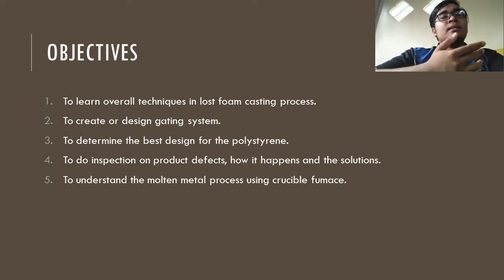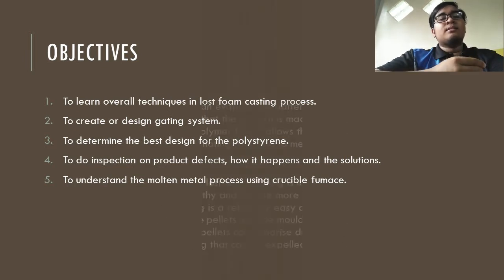Third, to determine the best design for the policy. Fourth, to inspect product defects, how they happen, and the solutions to those problems. Fifth, to understand the molten metal process using a crucible furnace.